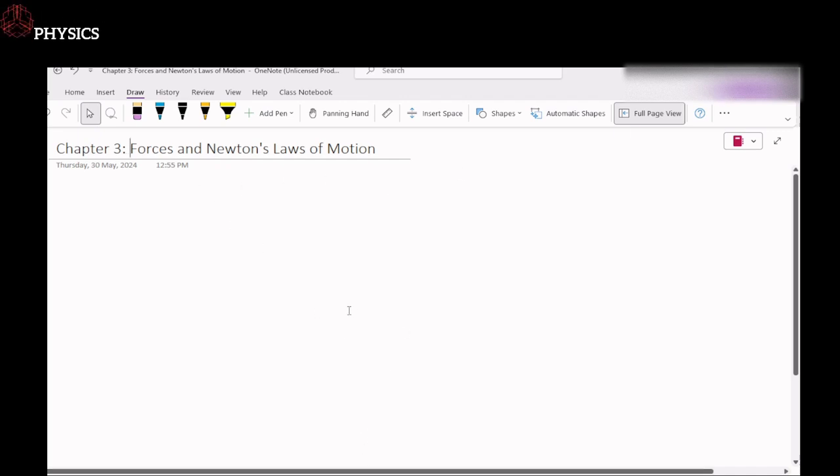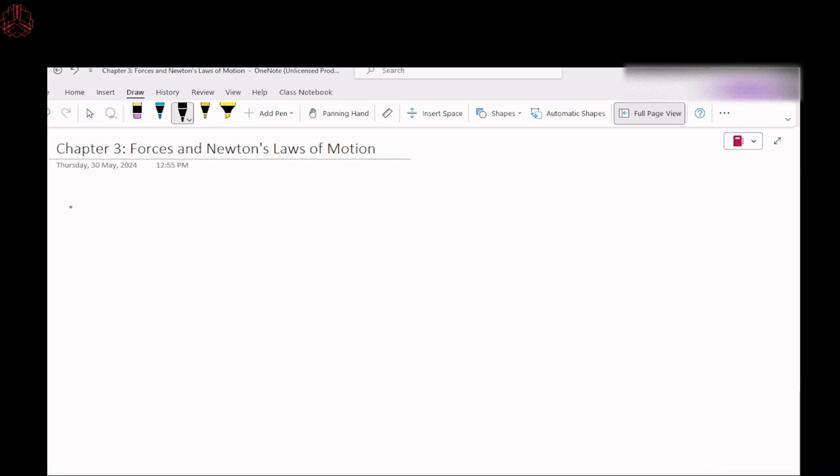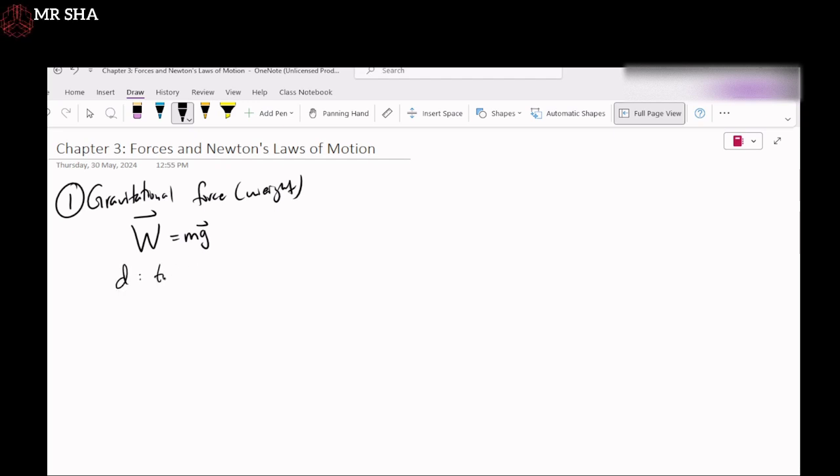So what are the four forces that we need to consider? The first of the forces is gravitational force. In SPM, you might call it weight, but it's the same thing. You still use the same symbol, W, and the same equation, W equals mg. The direction is towards the gravitational source.